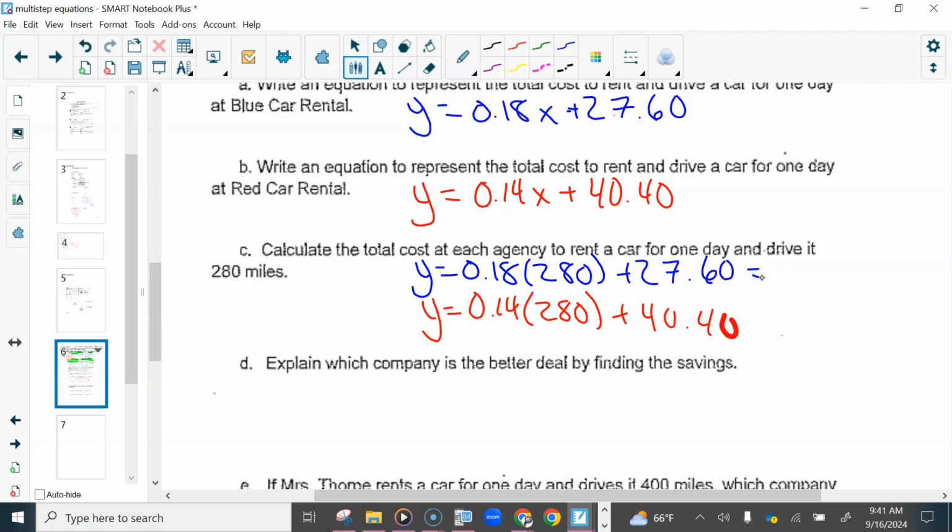So for the first one, if you multiply 0.18 by 280 and then add 27.60, what would you get as a total?